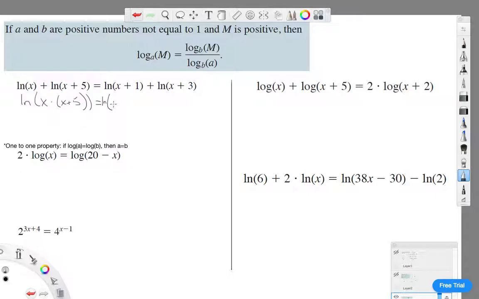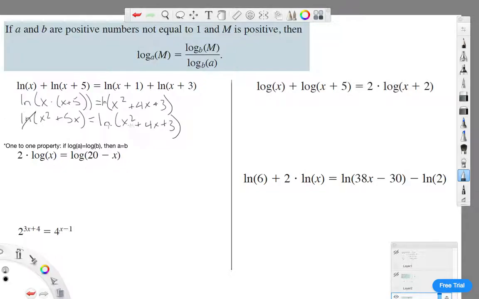ln, natural log, and again we can use our product rule, so we get x squared plus 4x plus 3, and here we have x times x plus 5, or ln of x squared plus 5x, excuse me, that's equal to ln of x squared plus 4x plus 3.